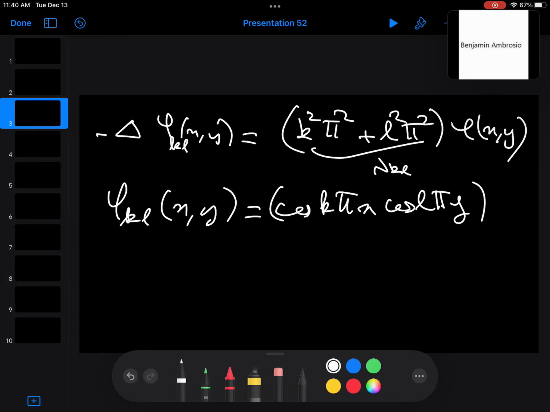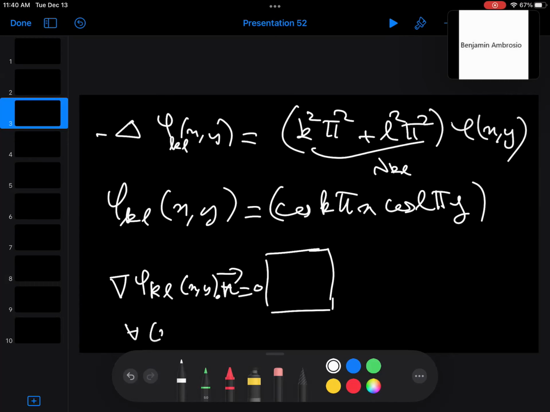So what we need to do is first, let's see if they satisfy the boundary condition. So do I have that the gradient of phi k L at point x y equals 0 on the boundary? So the boundary is here, what's in red. So let's have a look at that.